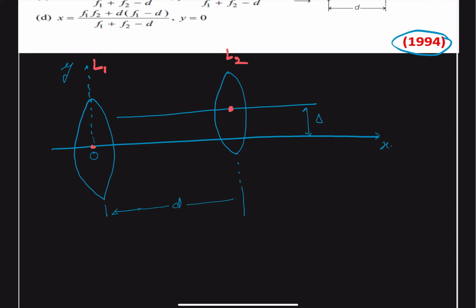Okay, so let us draw an approximate figure for that. And it says that the rays will be coming parallel to the principal axis, which is our OX.